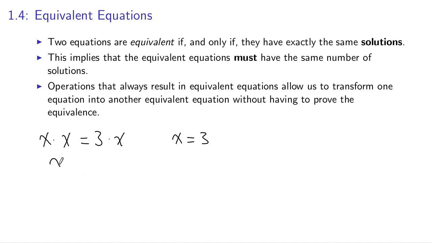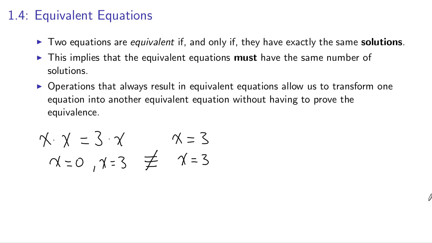Because x equals 0 is a solution to the first equation. 0 times 0 is equal to 3 times 0. And x is 3 is a solution. 3 times 3 is equal to 3 times 3. Whereas this equation has one solution, x is 3. Therefore, they are not equivalent.